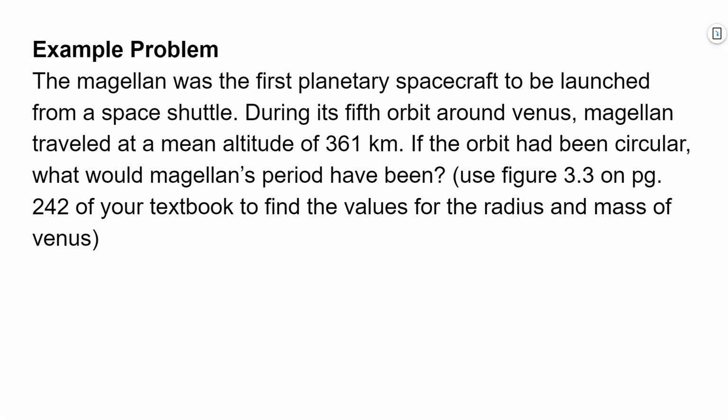We're going to use figure 3.3 on page 242 of your textbook because it gives values for both the radius and the mass of Venus, which we're going to need. Go ahead and give this a try. See if you can figure out which equation you need, and then go ahead and solve for it. And go ahead and solve for speed too while you're at it. Do period and speed.